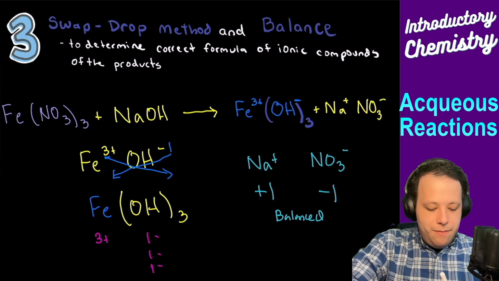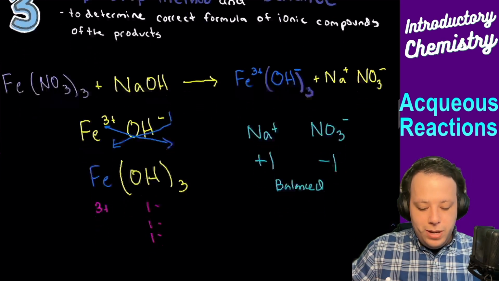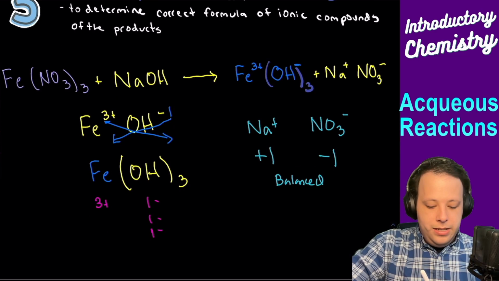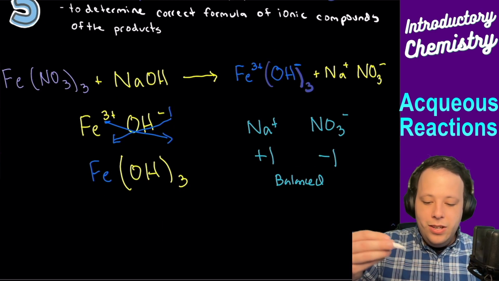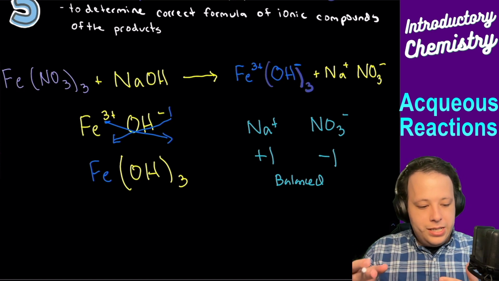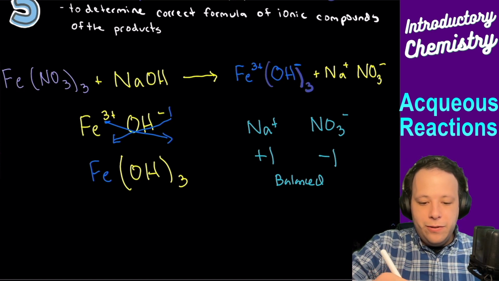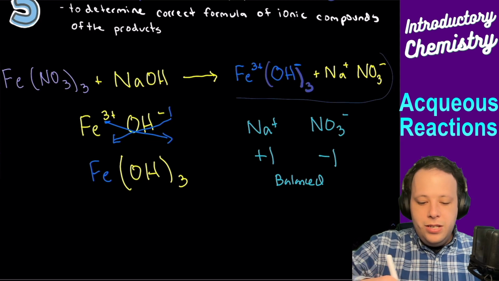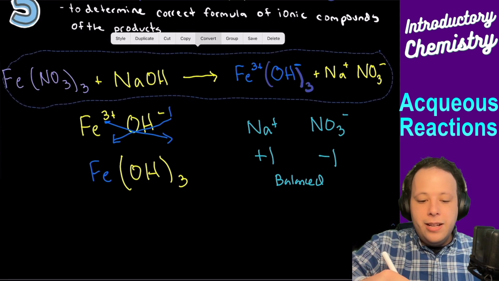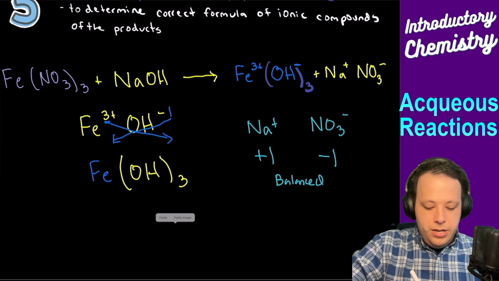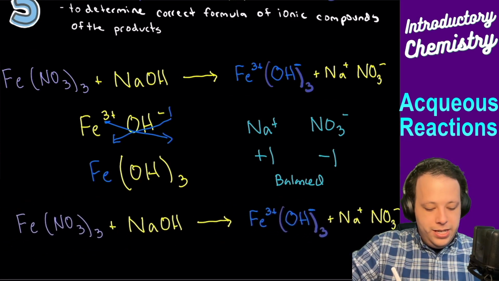Now the next step is to go through and balance it. If we're going to balance our reaction here, one thing we have to double check is looking at all of our different species. Do we have the correct amount of polyatomics, of individual ions?